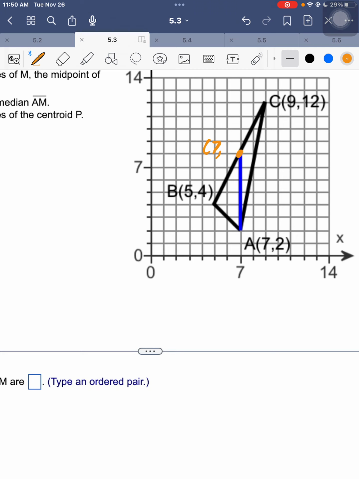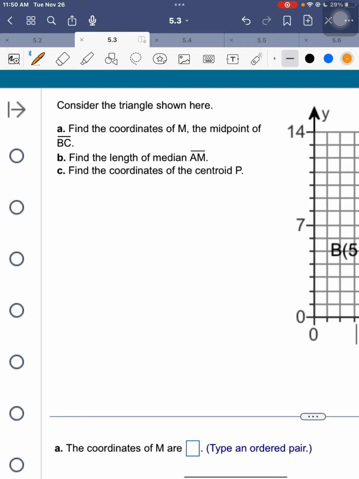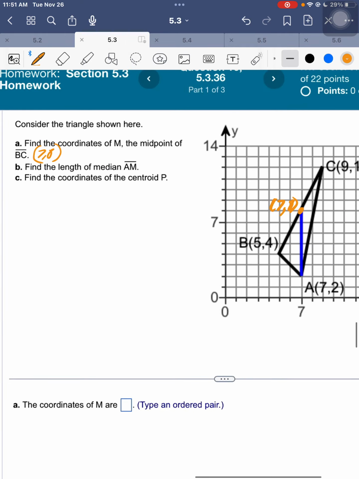Okay, so what is 4 plus 12 divided by 2? That's 8. So I also could have just looked at this 7 and then this 8, but I just really wanted to use the midpoint formula once again for you guys. So 7, 8. Okay, so that's the first part of my answer.